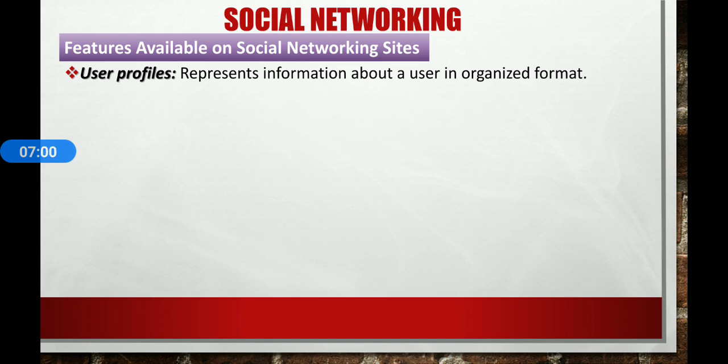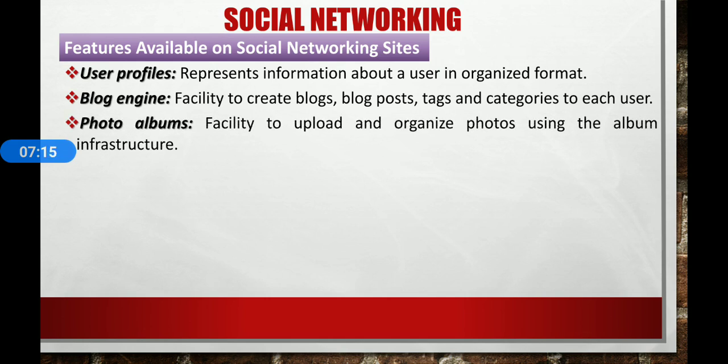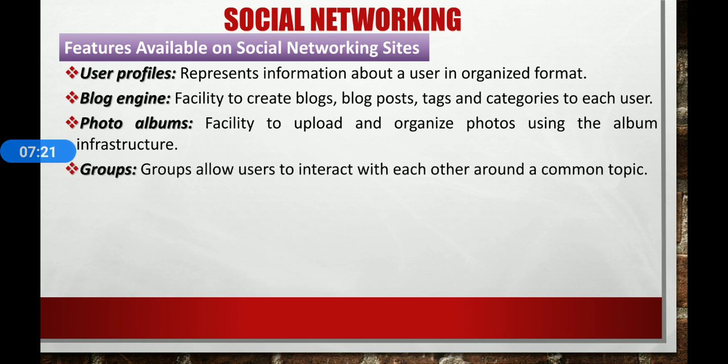It represents information about the user in an organized format. Blog engine. It's a facility to create blogs, blog posts, tags, and categories for each user. Photo album. Facility to upload and organize photos using the album infrastructure. Groups. Groups allow users to interact with each other around a common topic.